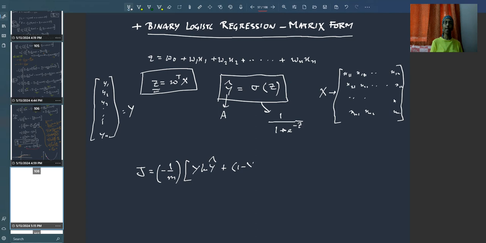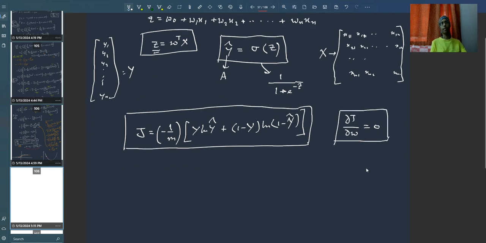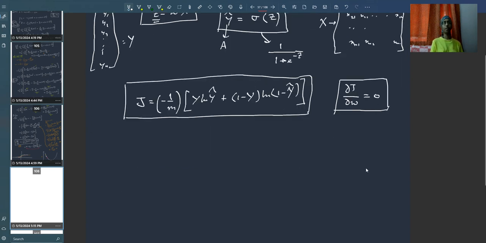Plus 1 minus y, natural log of 1 minus y hat. This is our cost function equation, this time in matrix form. And our condition remains the same. Let's say del j del w has to be equal to 0. This is our minimization condition.